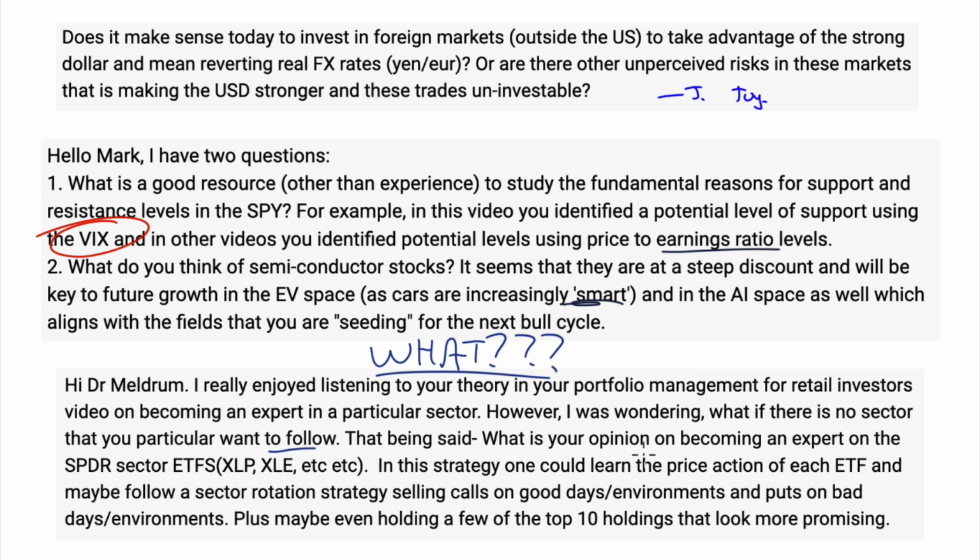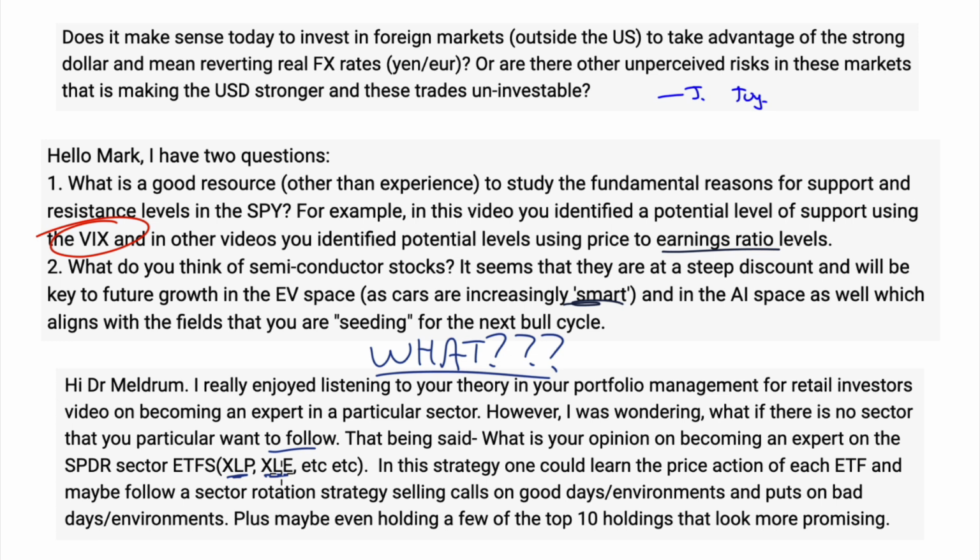Okay, let's say that's true. That being said, what's your opinion on becoming an expert on the particular sectors like XLP and XLE? In other words, keeping your knowledge at the level of the sector itself so you don't get into all of the idiosyncrasies of all the individual sub-industries and companies.